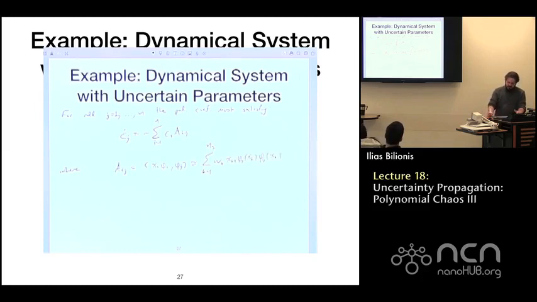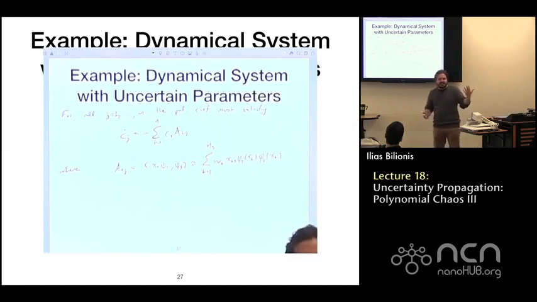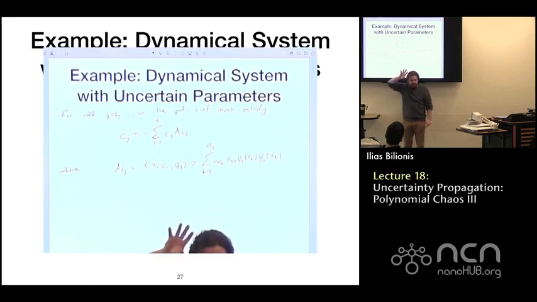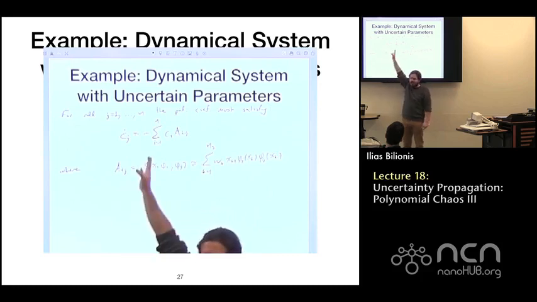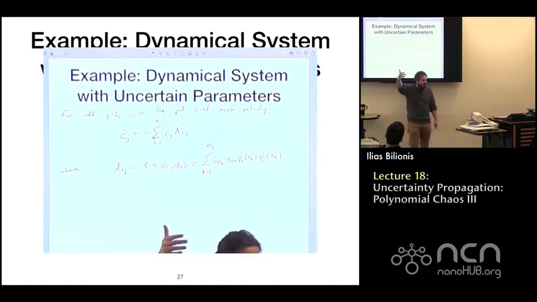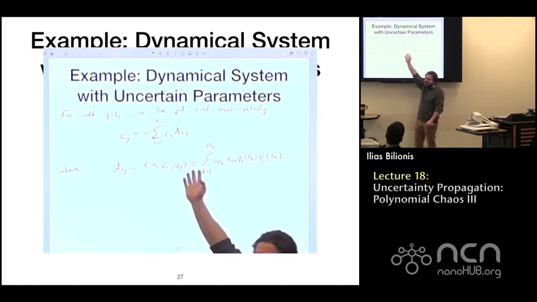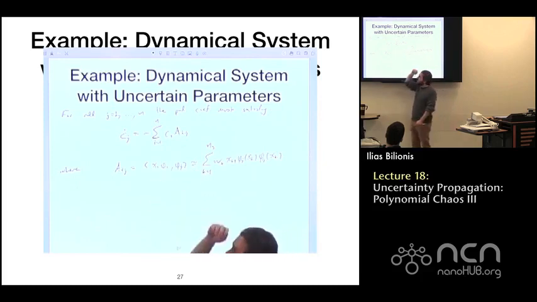This is it, okay? And there's one thing that is missing, and that is the initial condition for this dynamical system. This is now a dynamical system of n dimensions, okay? And that's the price you have to pay if you want to propagate uncertainty. You go from a one-dimensional dynamical system to an n-dimensional dynamical system, okay?